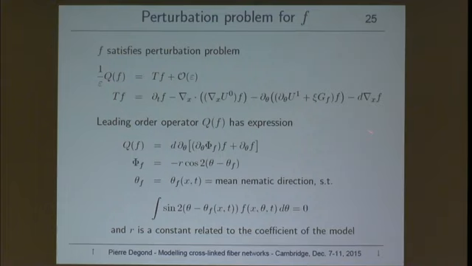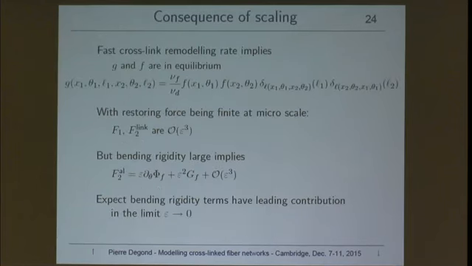So you have the time operator, you have the influence of the external force, the positional influence of the external force, the orientational influence of the external force. You have a contribution here coming from the second order term of the bending rigidity term. I'm not going to express it. It's a second order operator.